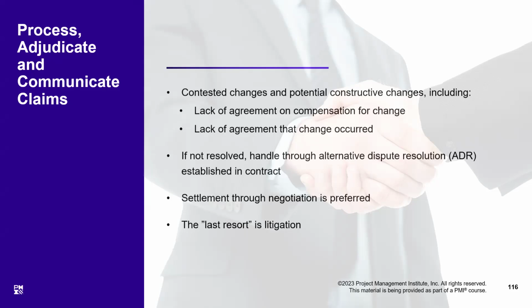Some third party may help us settle the matter with the other party, and we can sign a settlement. But if you can't solve it even through negotiation, the last resort is litigation. You have to go to court. That is considered the very last resort.